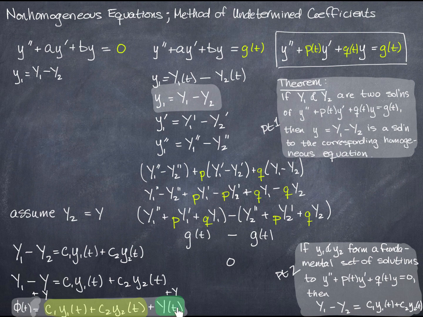So this is what we call the general form of a solution to a second order linear non-homogeneous differential equation. And actually, I'm pointing at this one, but I should be pointing at this one. This general form here is a general solution to a differential equation, even when the coefficients are non-constant functions.